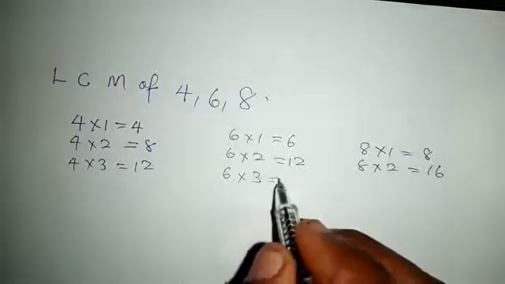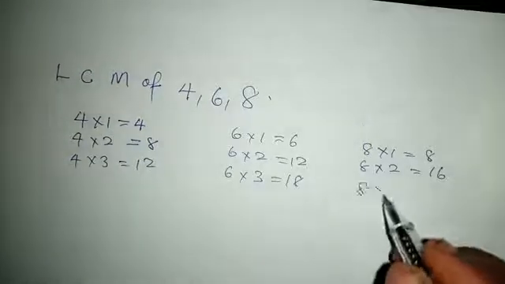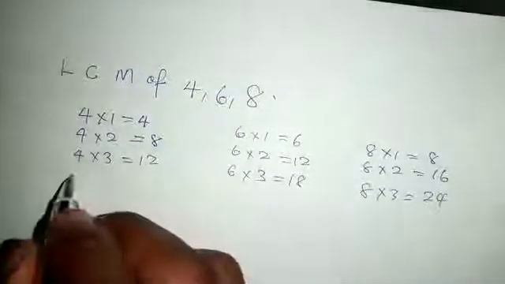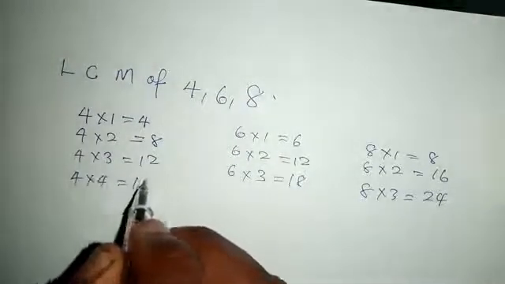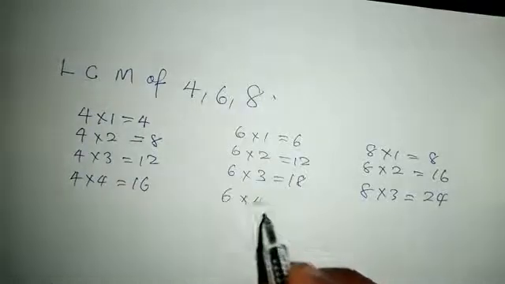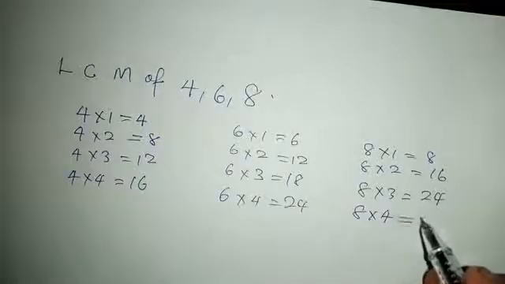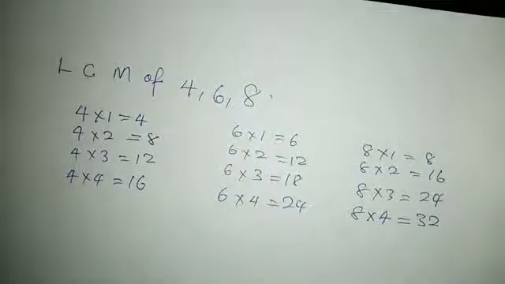Okay, let's say 4 times 3 is 12. 6 times 3 is 18. 8 times 3 is 24. 4 times 4 is 16. 6 times 4 is 24. 8 times 4 is 32. Wow, this is going to be a long thing to do.